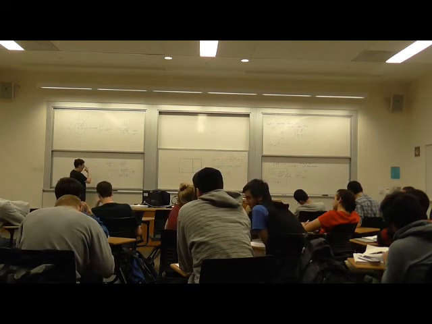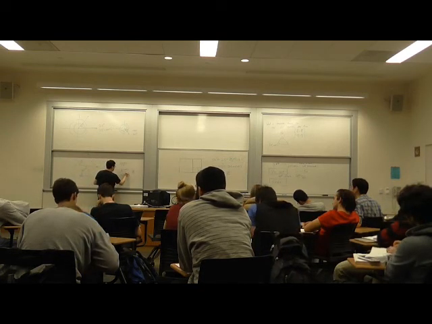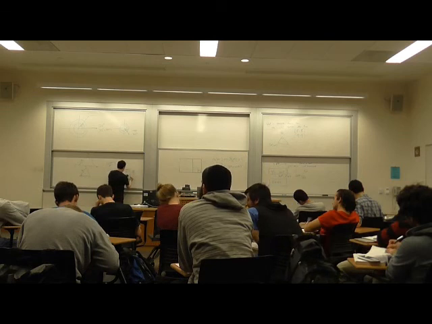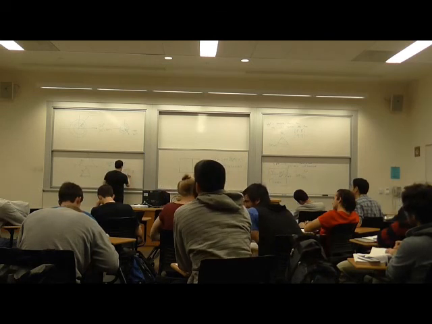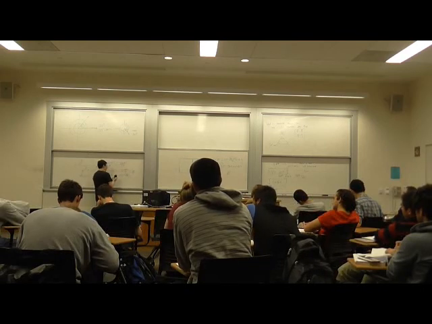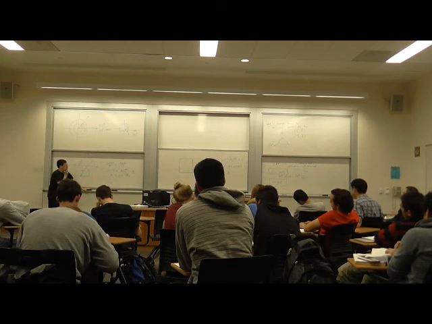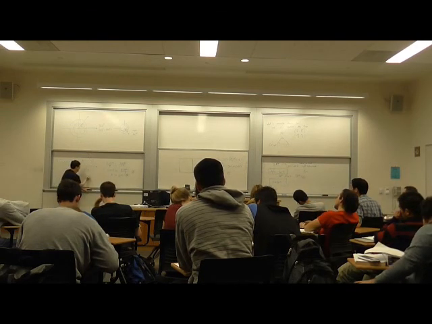So 10 over 9, 10 over 9 times the square root of 2. Wait, how does 10 sine 45 over 9 still equal 10 over the square root of 2?